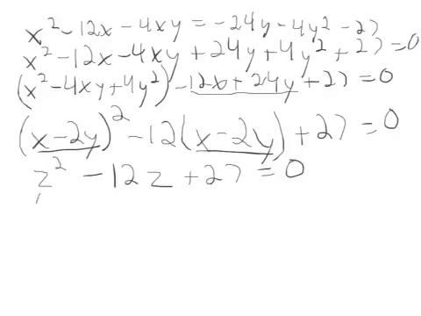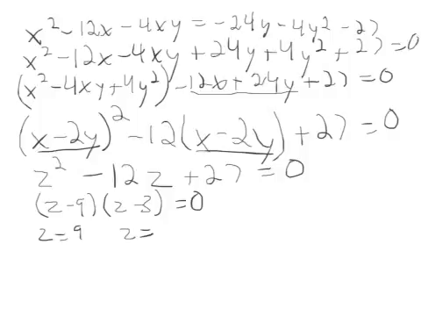So when I factor this and solve for z, I'm going to get z minus 9 times z minus 3 equaling 0. So we know that z would have to be either 9 or z would have to be 3.